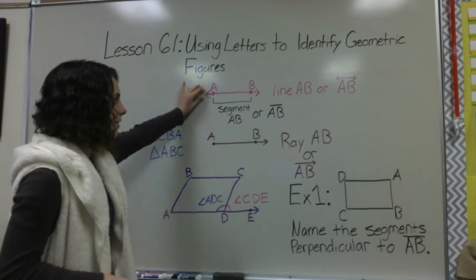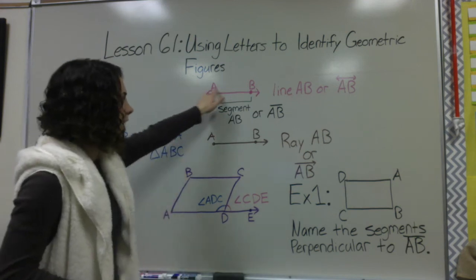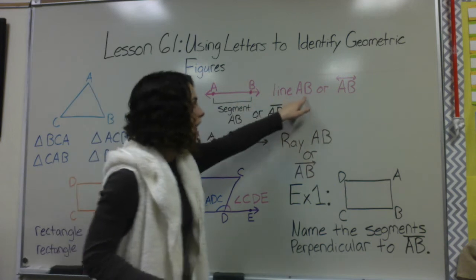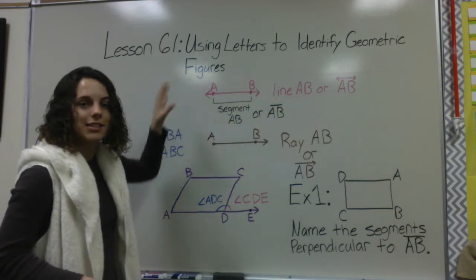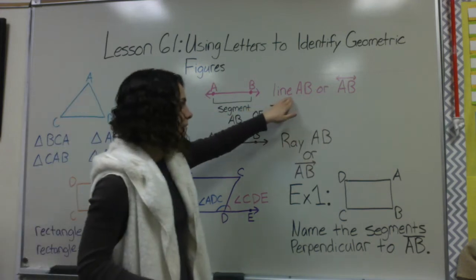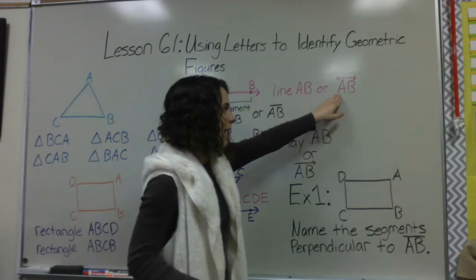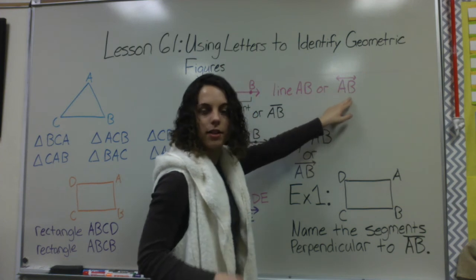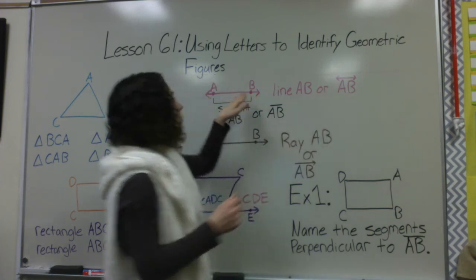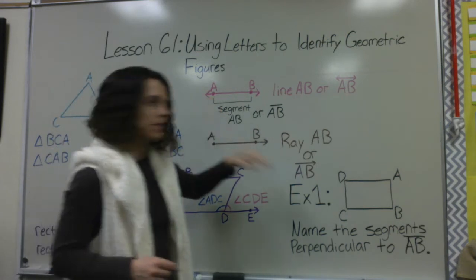So this is a line right here, and I can name this line AB, or I could name it line BA. Now we can draw this instead of writing the actual word line, I can also write it as AB or BA. It could be either way. The letters do not matter when I'm naming lines and segments.